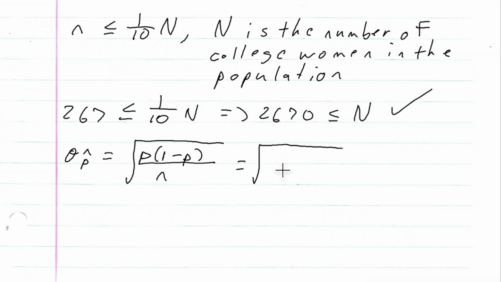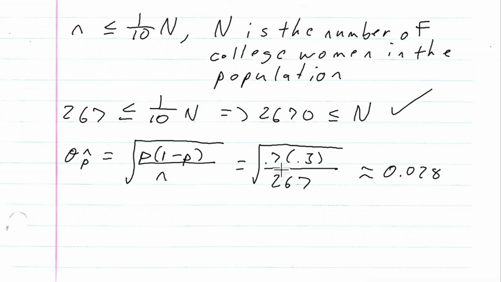Remember, the population proportion was 0.7, so 1 minus p would be 0.3, and n, the sample size, was 267. If you were to do this calculation, this would give you 0.028.